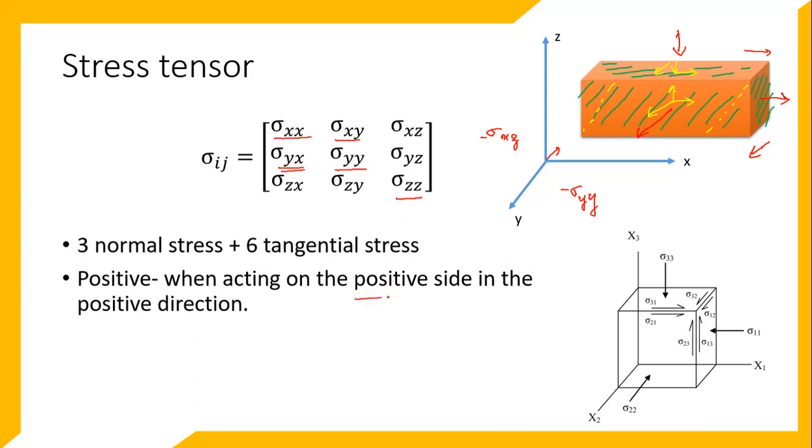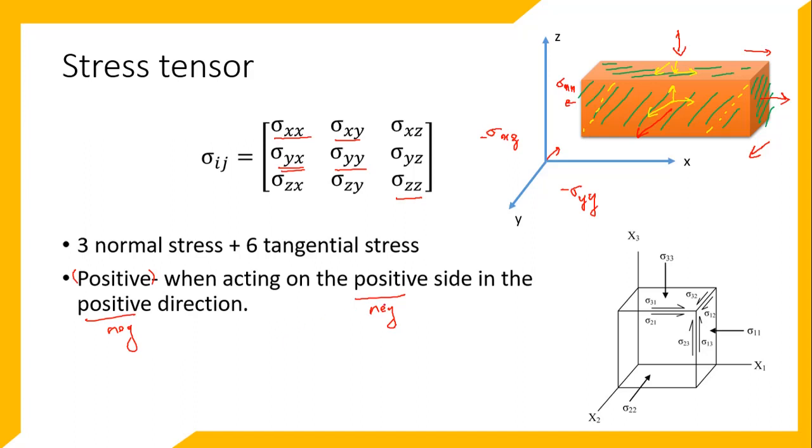Also, if it is acting on the negative side towards the negative direction, the stress component is positive. Say if it is acting on the minus x face towards the minus x direction, then the stress component is sigma xx only. And the stress component is taken as negative when it is acting on the positive side in the negative direction or acting on the negative side in the positive direction.